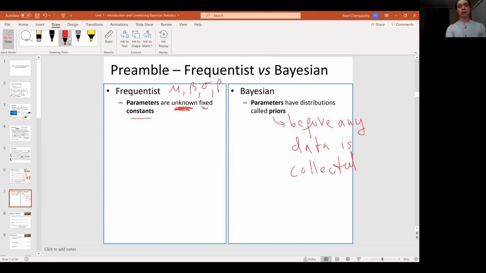In a frequentist world, I would assume that these parameters are unknown fixed constants, and I use data to find their estimate.